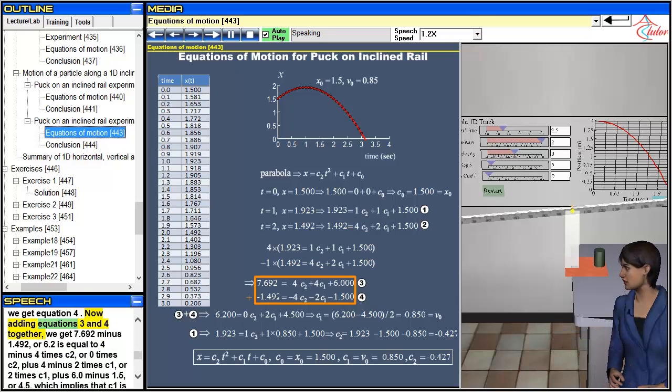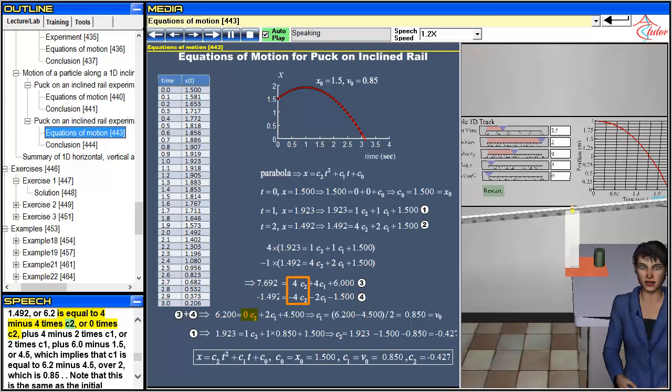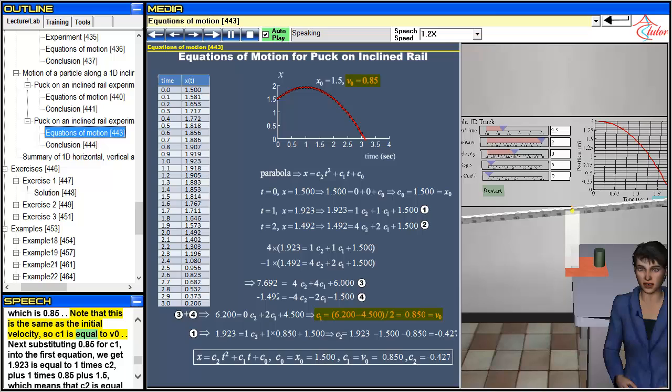Now adding equations 3 and 4 together, we get 7.692 minus 1.492, or 6.2, is equal to 4 minus 4 times c2, or 0 times c2, plus 4 minus 2 times c1, or 2 times c1, plus 6.0 minus 1.5, or 4.5, which implies that c1 is equal to 6.2 minus 4.5, over 2, which is 0.85. Note that this is the same as the initial velocity, so c1 is equal to v0.